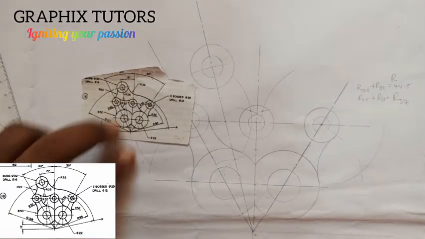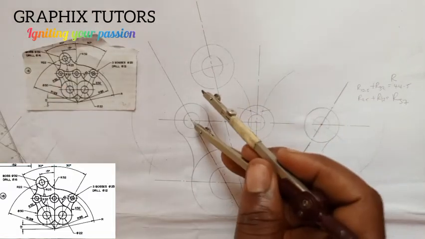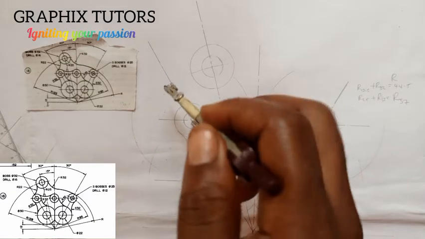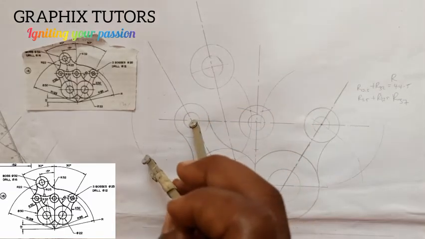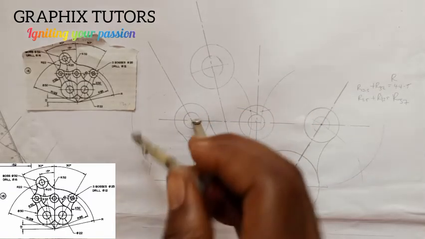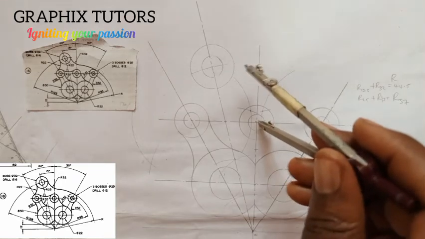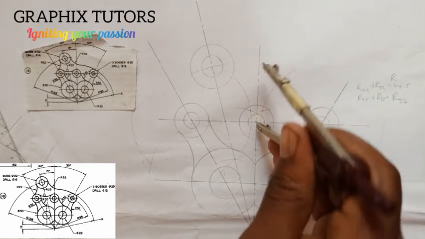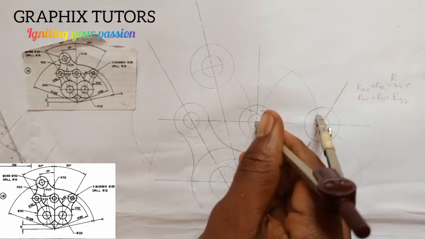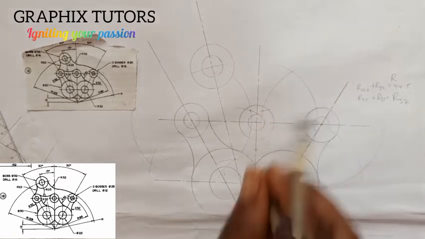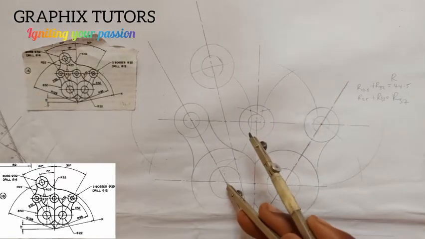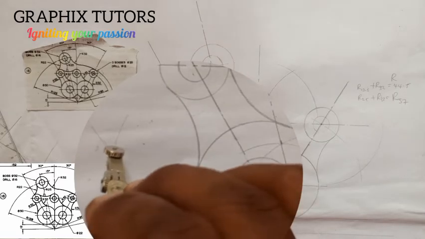So what I use to measure here, now when I place it at this point, I'm having this line here. I'm having this, right? So I'll come here also, I'll place it at this point, I'll strike an arc this way. See what I'm showing you? Then here also, when I place it here, I'm going to get here too.